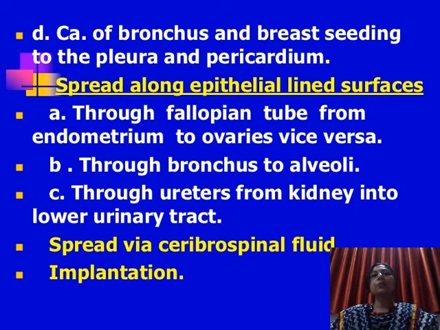This is through the epithelial lined surface, through the bronchus to alveoli, through the ureters to the kidney, to the lower urinary tract. This is spread along the epithelial lined surface. Spread via cerebrospinal fluid is also one mode of spread and implantation.